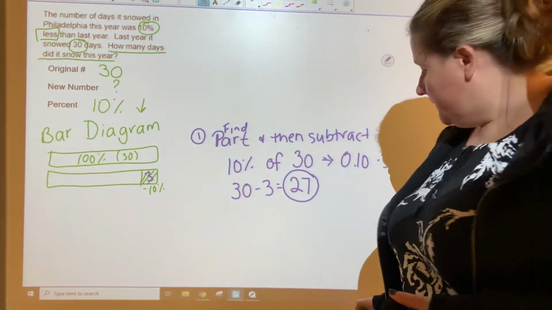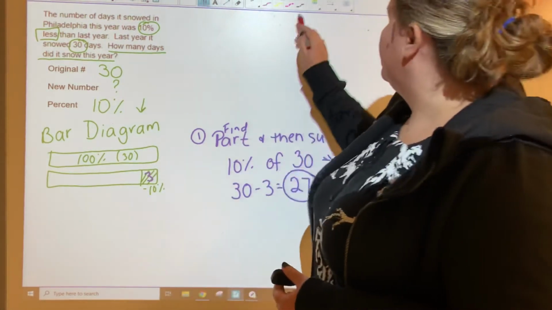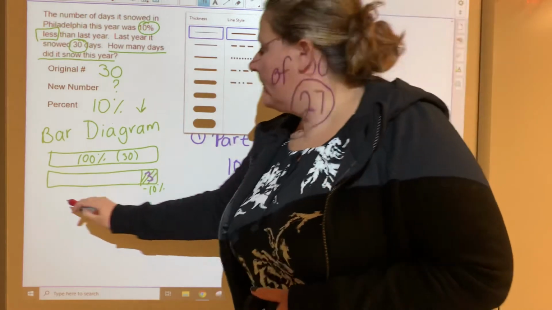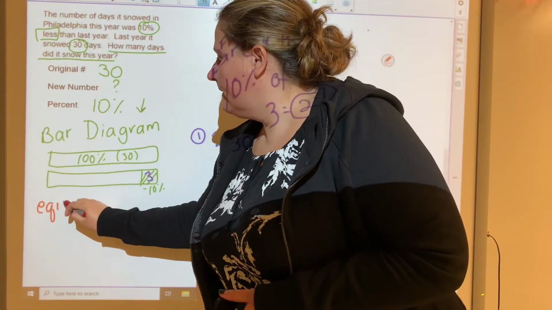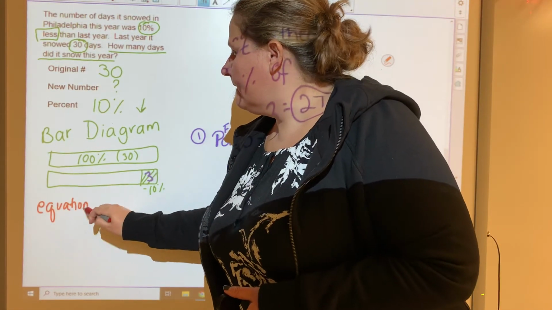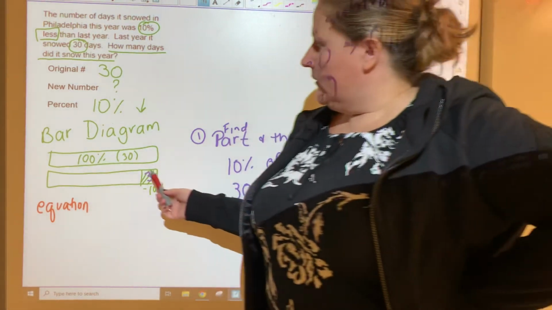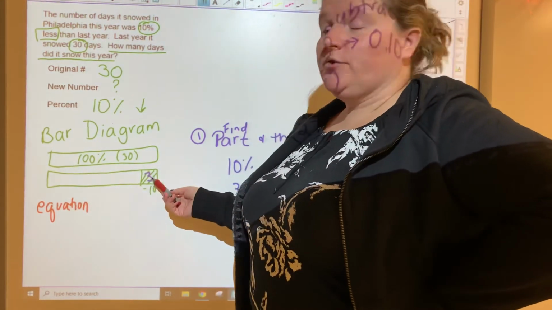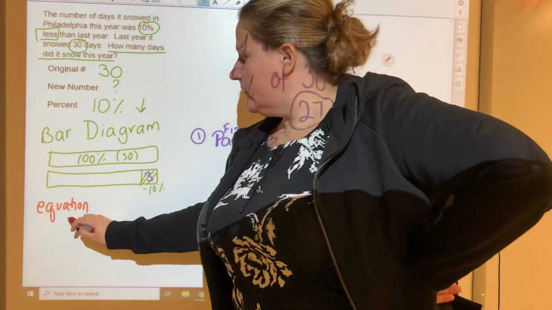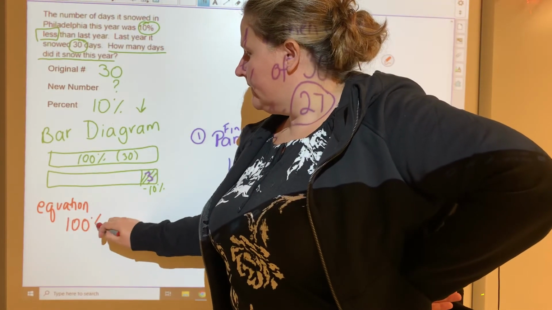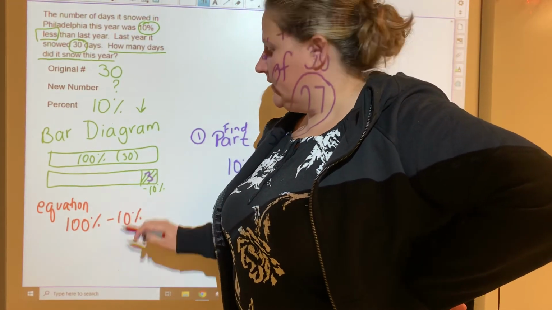The second way we could do this is we can use the equation. Okay. Looking at my bar, this whole thing is 100. I'm taking away 10. So I have 100% and I'm taking away 10%. What's left over?